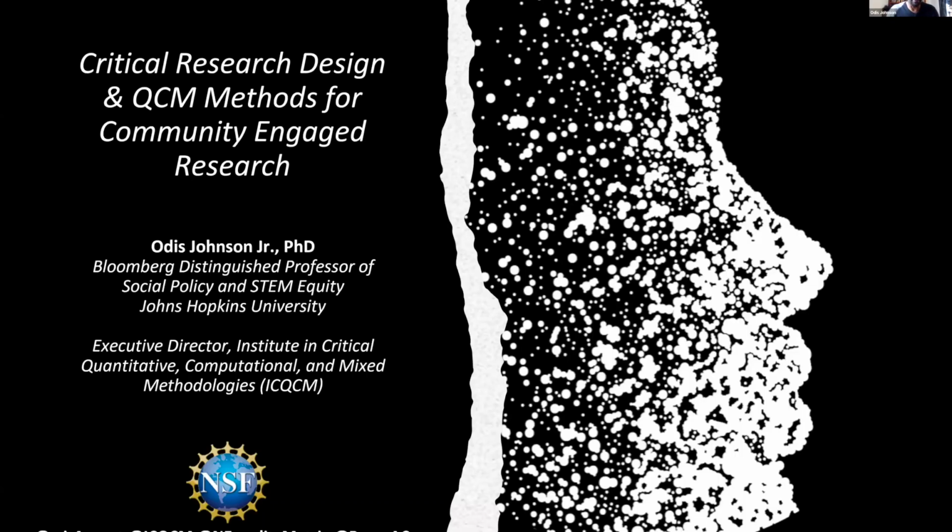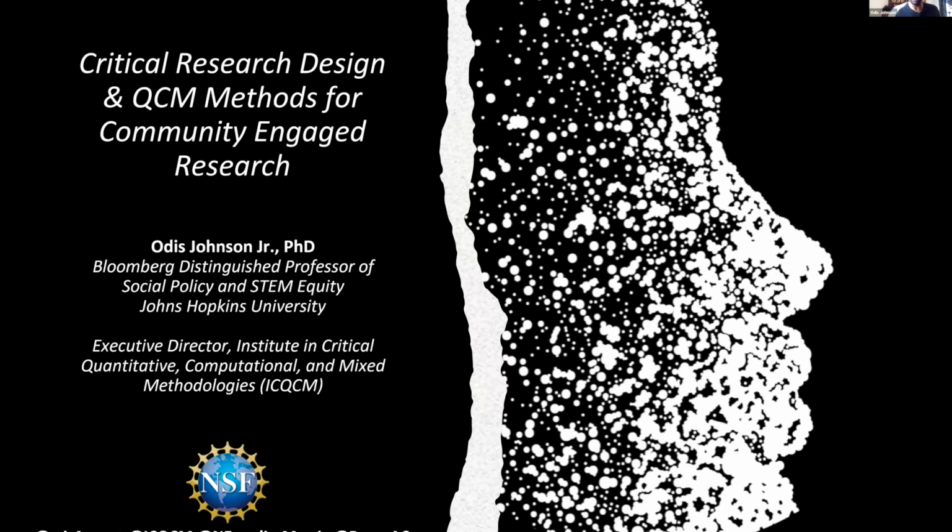I'm Otis Johnson, excited to be here to talk about critical research design and QCM methods. I'm at Johns Hopkins University, where I'm situated in a number of units. One is public health, the others are education and sociology. I'm more interested in social policy, which would be in the areas of education policy, policing, and housing policy, and of course, as it relates to health equity, health disparities, educational disparities, and really trying to make research rigorous enough to bring about sustainable change for communities of color.